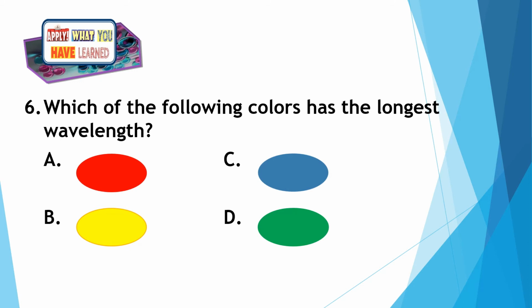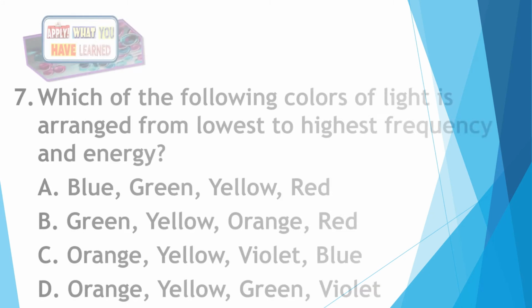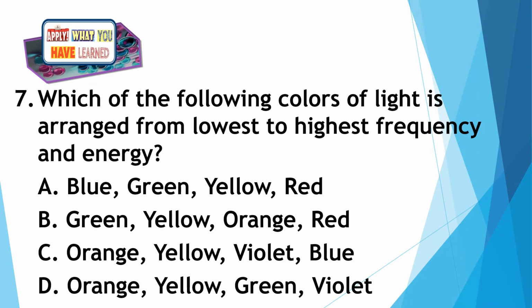Number 6. Which of the following colors has the longest wavelength? Color A, color B, color C, color D. Number 7. Which of the following colors of light is arranged from lowest to highest frequency and energy?